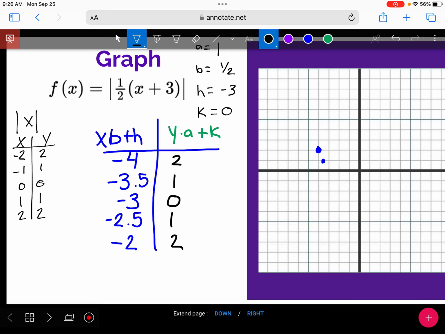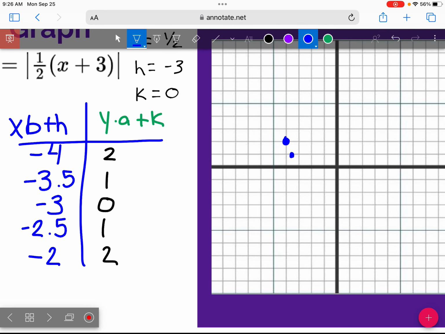I just wrote it really fast. -3, 0. -2.5, 1. And -2, 2. This is the one that we should use rulers on. It's a straight line. I'm so good at straight lines, y'all. I am a fine artiste.